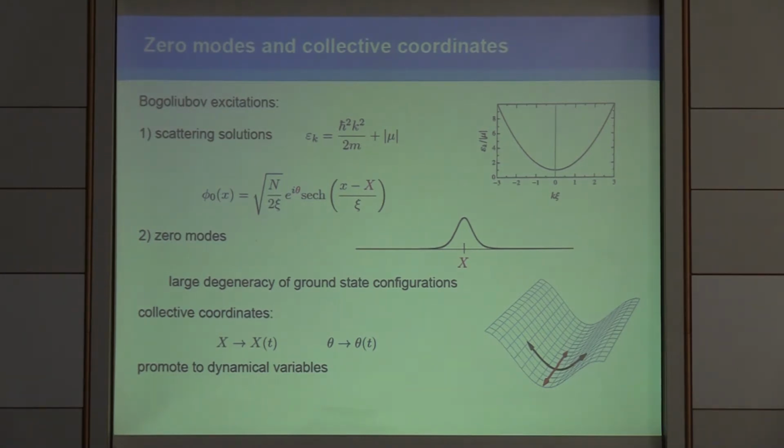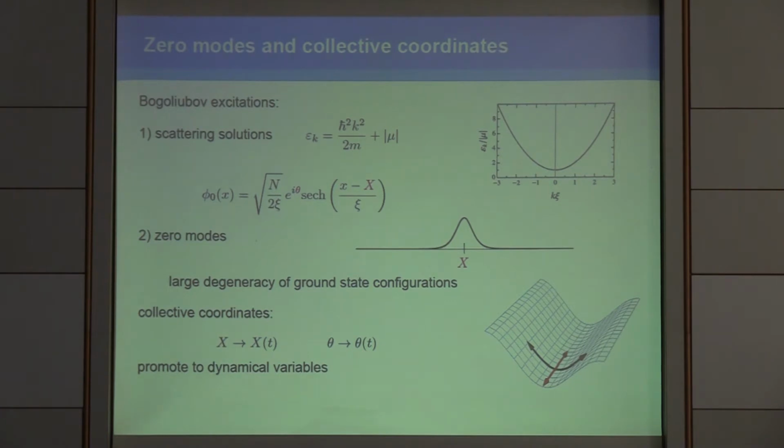Now, on the formal level, if we maintain and expand our Bogoliubov field around these zero modes with a small amplitude, we will get various inconsistencies. And the way to fix this, which introduces a collective description of the soliton parameters, is to promote these parameters which induce a zero mode to dynamical variables. So we promote the position of the soliton, which is just a constant here, to a dynamical variable which can depend on time.